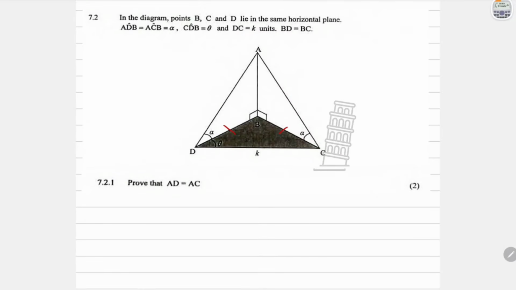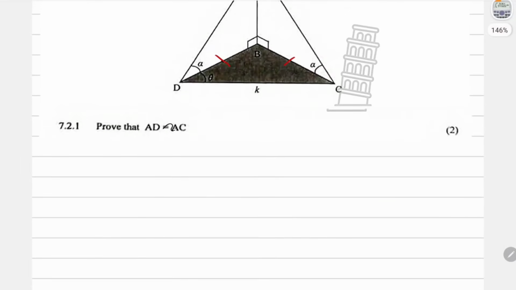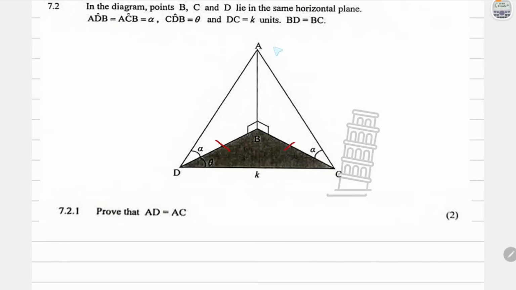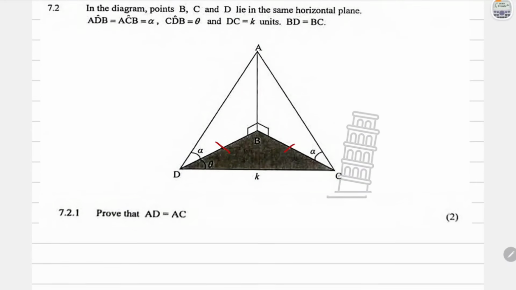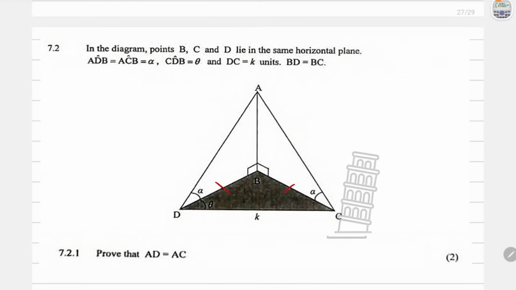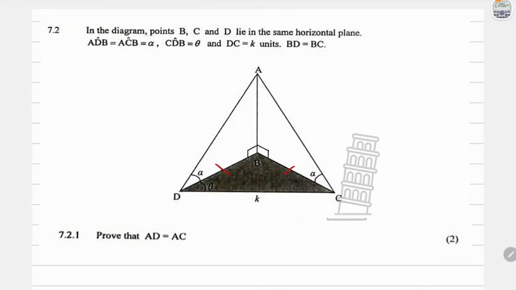Okay, the first question is for us to prove that AD is equal to AC. Thing is, we just have a big triangle if you look at it, because it's a 3D shape. There's the face of it, which is the big triangle ADC. This is like a triangular prism sort of shape, with that big shape in front. Then there's this right angle here and that right angle.